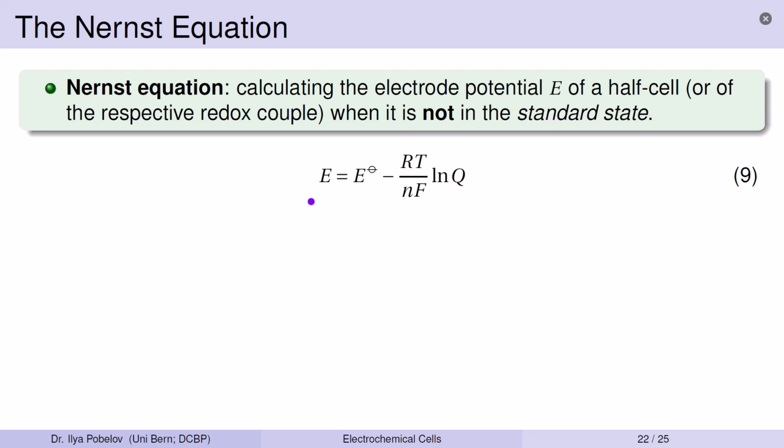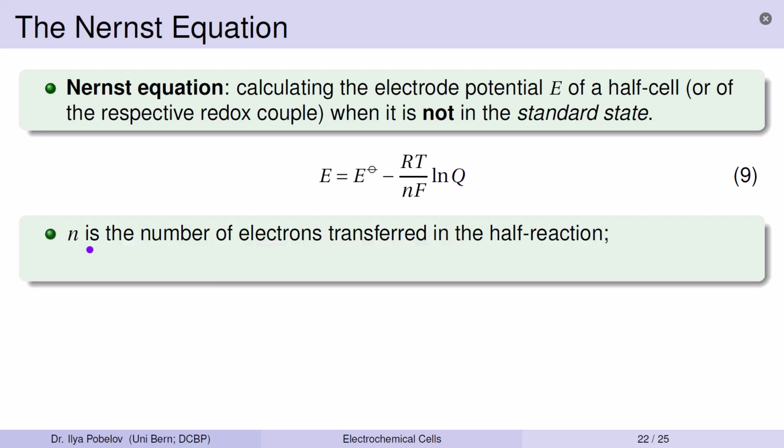It is given by E equals E standard minus RT over nF multiplied by the natural logarithm of Q. Here, n is the number of electrons transferred in the redox half reaction, and Q is the reaction quotient.